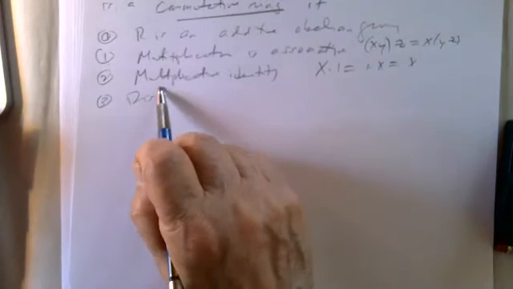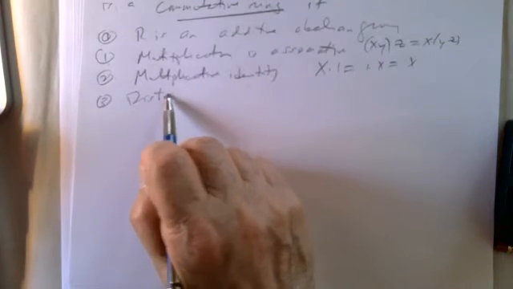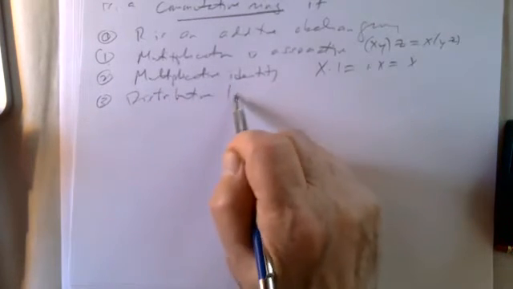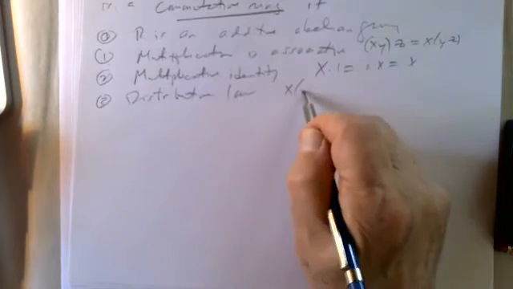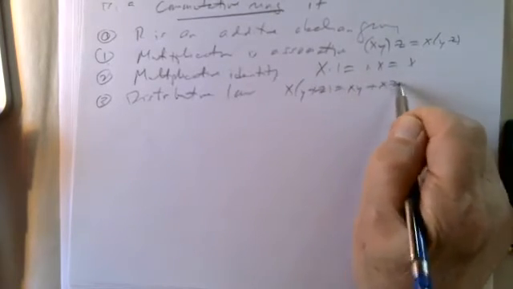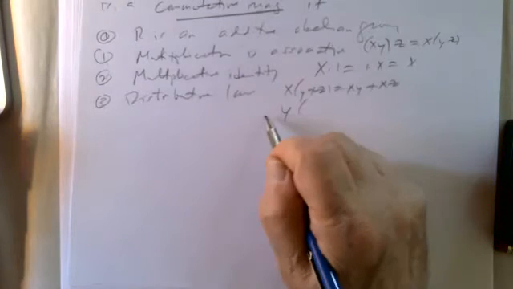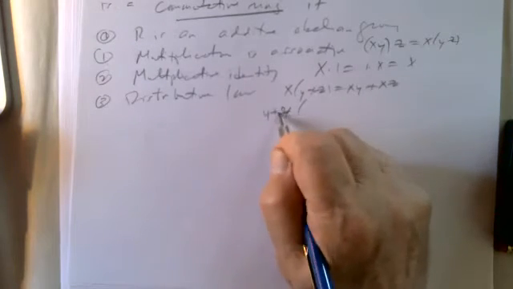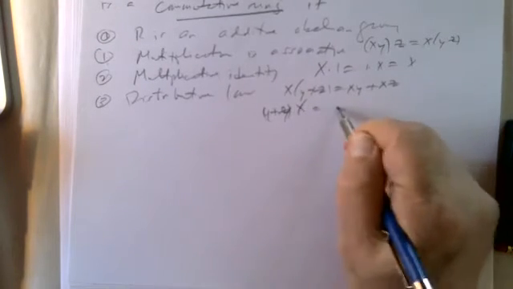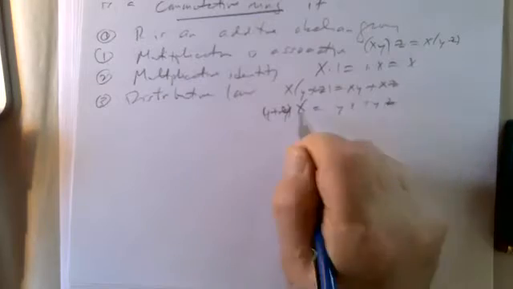And then you have the distributive law, which is x times (y plus z) is xy plus xz, and (y plus z) times x is yx plus zx.